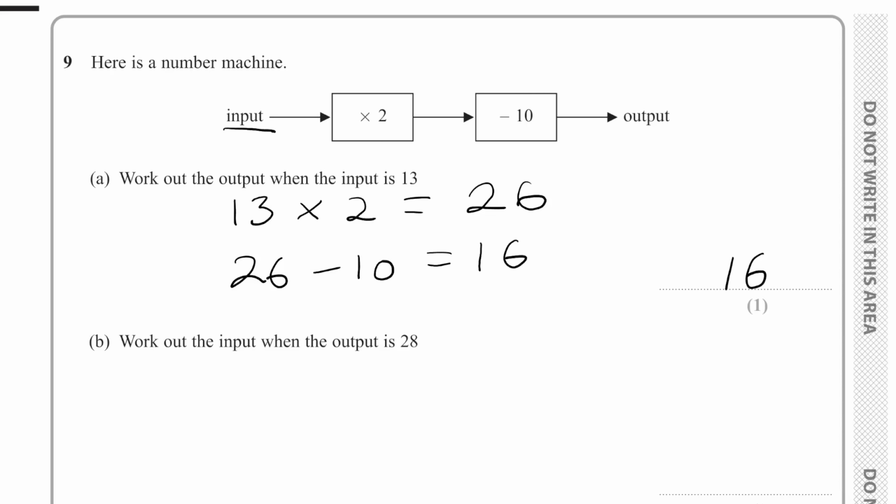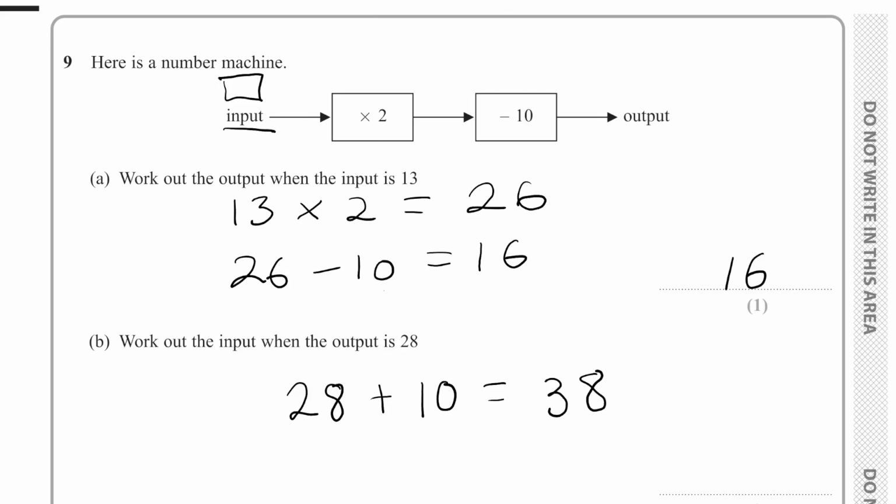Work out the input when the output is 28. So the number that comes out at this side is 28. What do we have to put in? What are we going to times by 2 and then take away 10 to get 28? So if we do this backwards, instead of taking away 10, if we undo that, we're going to add 10.